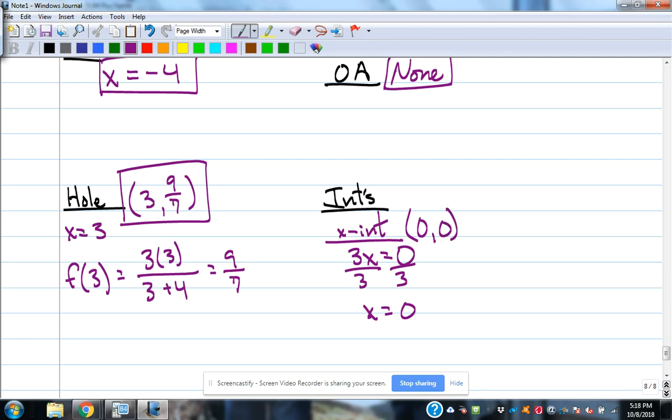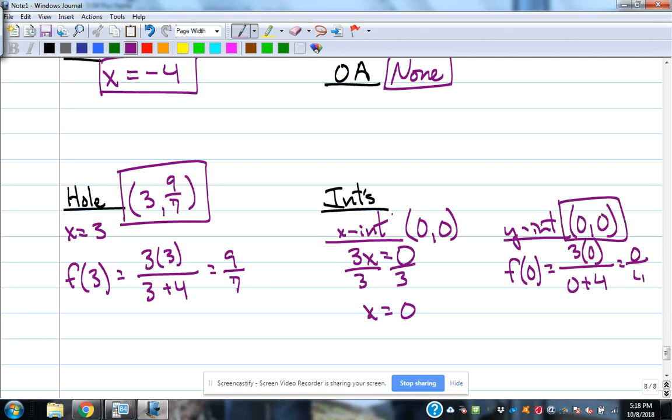Which tells us we also have a y-intercept. Plug a 0 in for x, and we get 0 over 4, which is 0, 0. The same for the x and y intercept here, just one, because it's the origin, and that's the only time that can be.